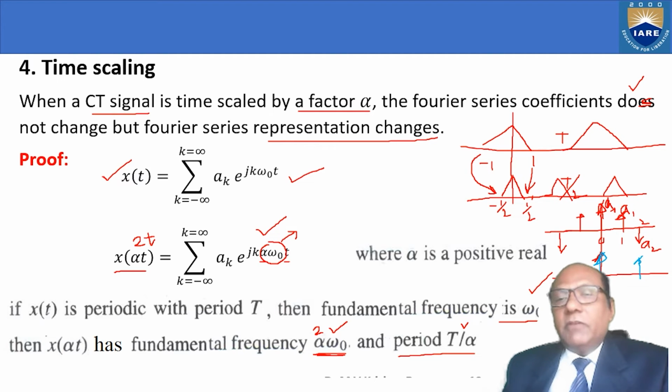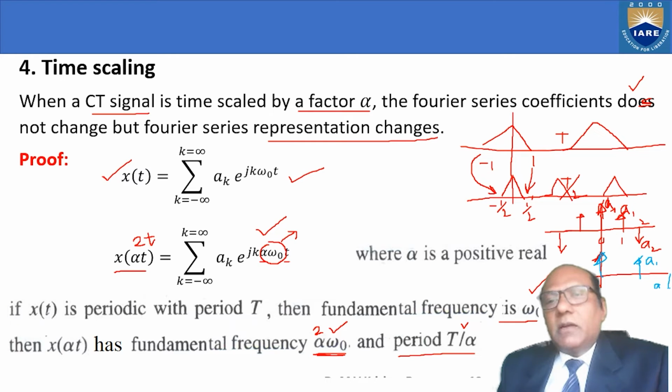This is a1 and a2 will occur somewhere here. So the frequency has increased, so they are going away compared to this, because the time period has come down in the time domain. The frequency has doubled now. So this is k equal to 0, this is k equal to 1.